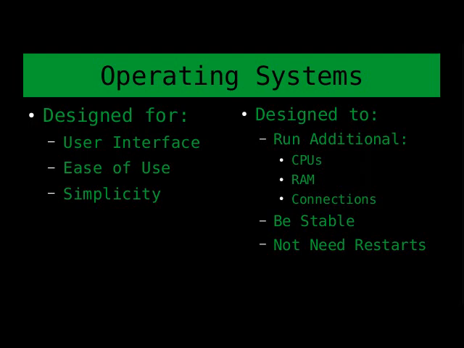But your operating system software has to run that hardware, which means you're going to have additional CPUs, more power, more RAM, but also different in many cases, especially with the RAM and the connections. A lot of times you're dealing with multiple connections.